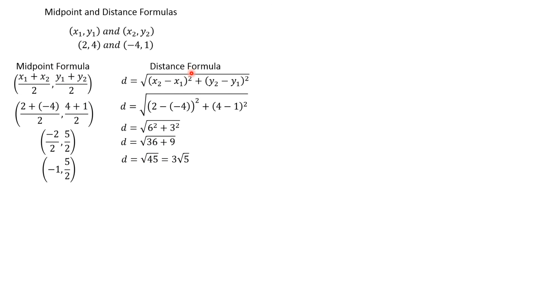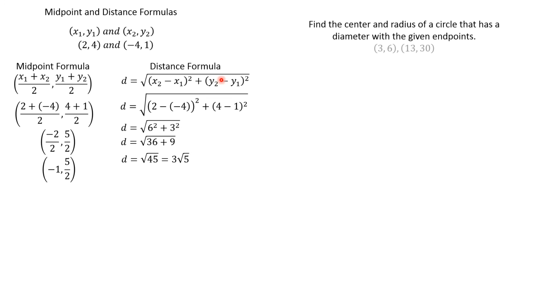So how are we going to use the distance and midpoint formulas? Today we're going to be looking at circles specifically, and dealing with questions like find the center and radius of a circle that has a diameter with the given endpoints, and then we'll get 2 points.